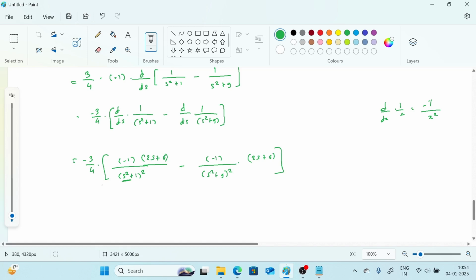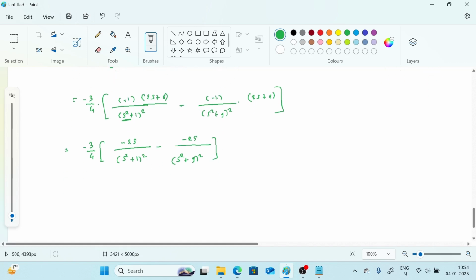So minus 3 by 4 into this minus 1 plus 2s will be minus 2s upon (s square plus 1) bracket square minus, into 2s will be minus 2s upon (s square plus 9) bracket square.